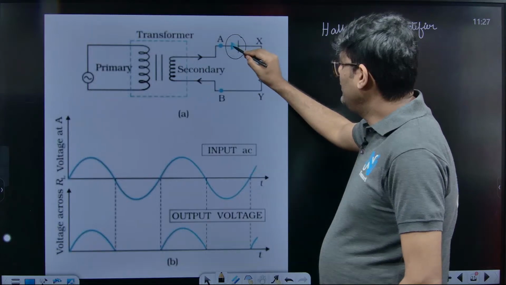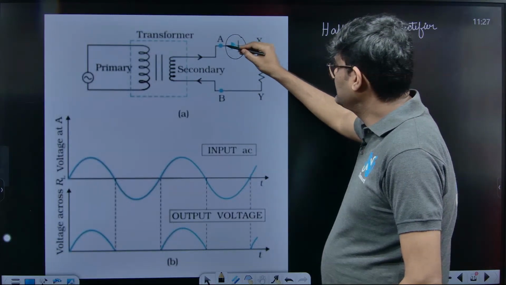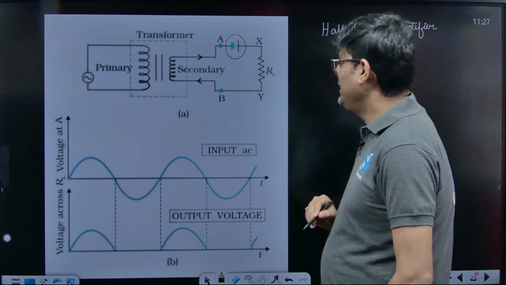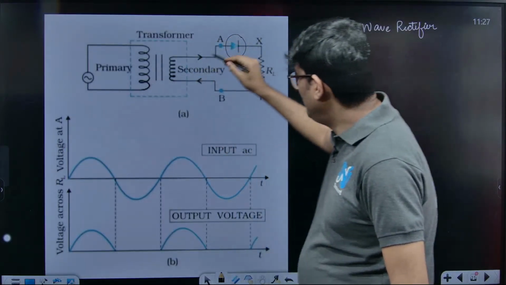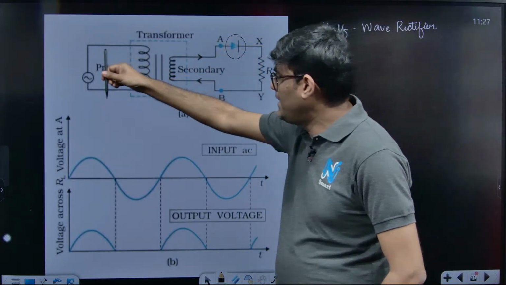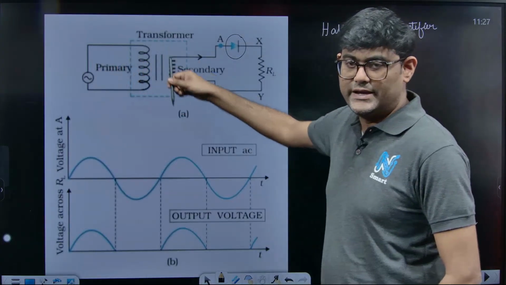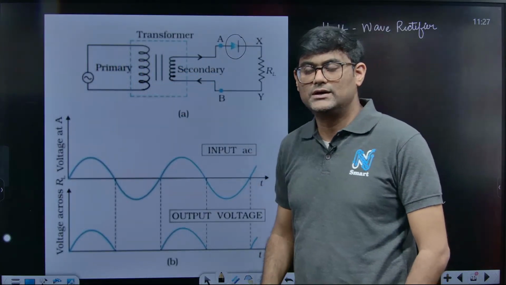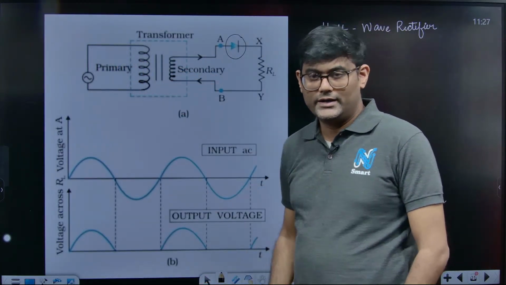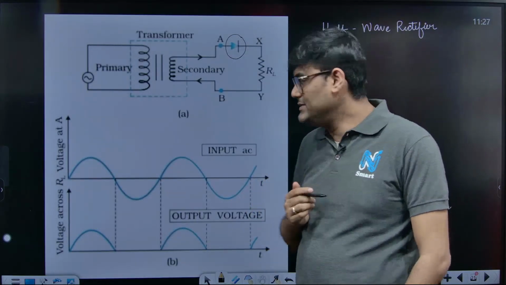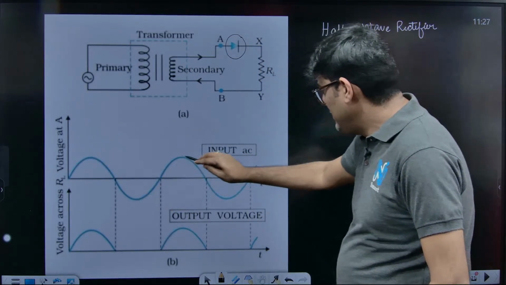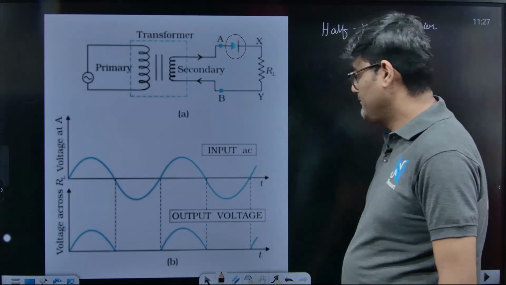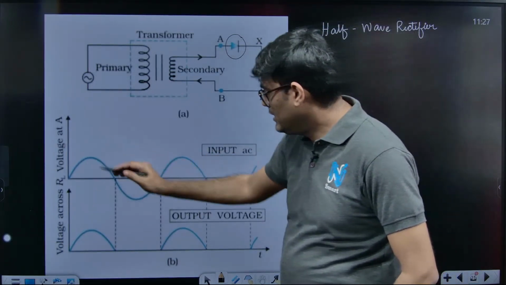Now this diode positive terminal is connected with the point A. If you see what is the voltage at point A, as I told you that primary side is alternating current, so secondary side will also produce the similar type of alternating current. So in the primary side, if it is AC, then in the secondary side the similar type of AC is produced. This is the voltage of A.